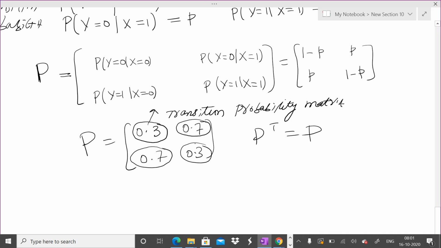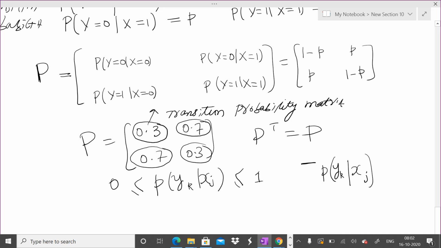Definitely, any conditional probability of yk given xj should be less than or equal to 1 and non-negative, right? And given any symbol transmitted xj, the probability of receiving yk, if you sum over all k's, should equal 1, for fixed j.